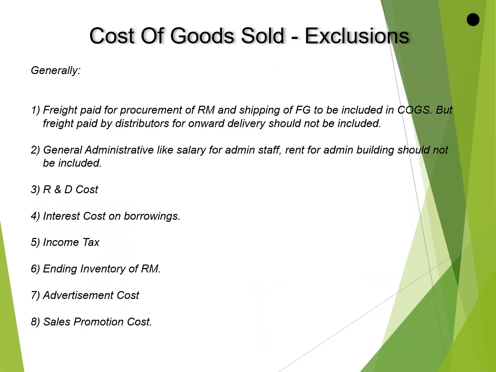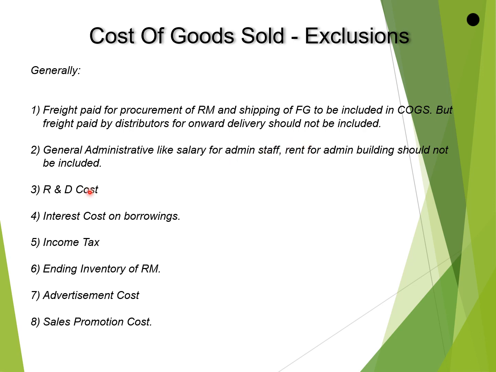Let's understand what the exclusions are when we are calculating the cost of goods sold. Generally, freight paid for procurement of raw material and shipping of finished goods is to be included in COGS, but freight paid by distributors for onward delivery should not be included here, and any other freight. Then general administrative costs like salary for administrative staff, rent for administrative building, these costs should not be included.